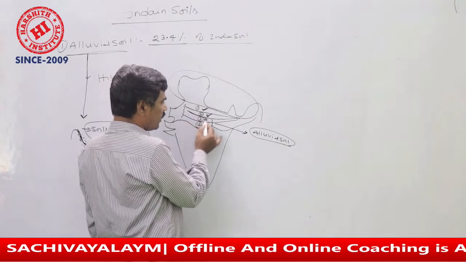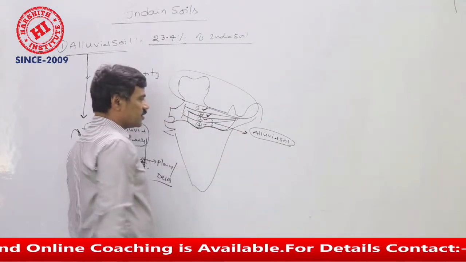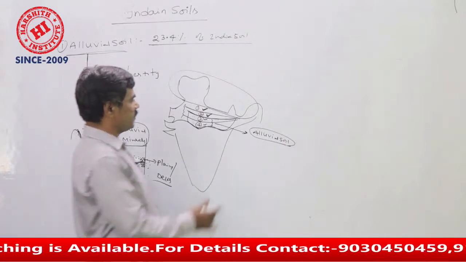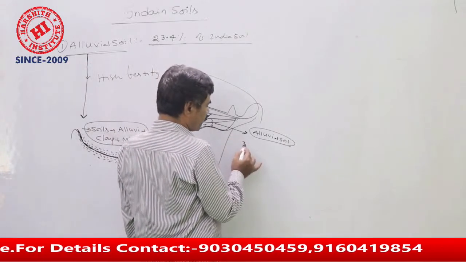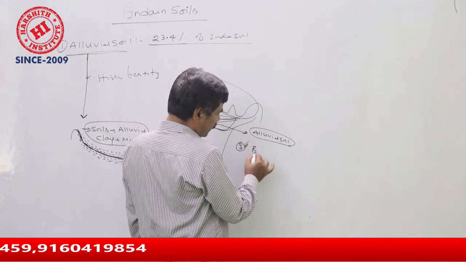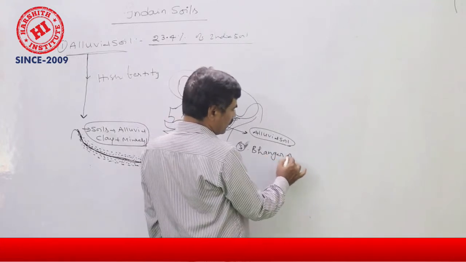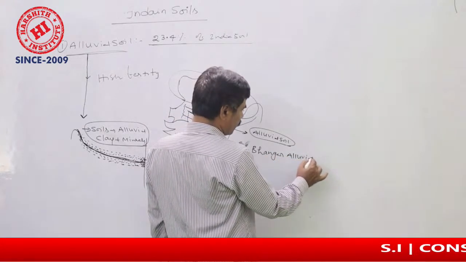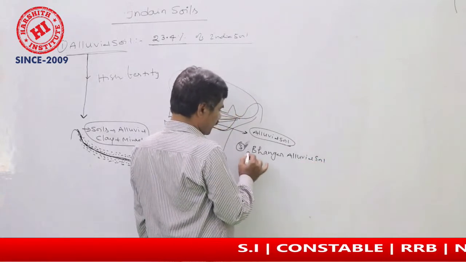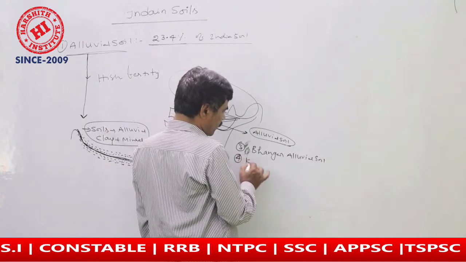Both of these occupy half of the Ganga, Sindhu, Brahmaputra region.